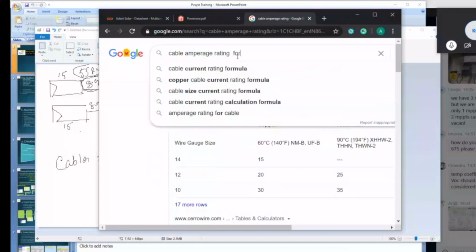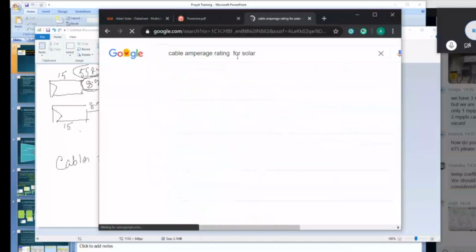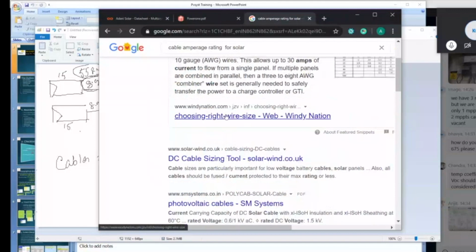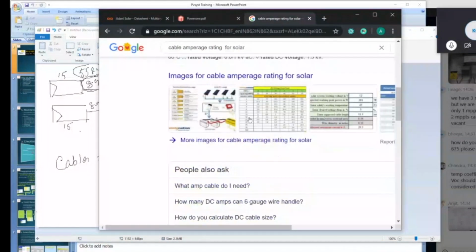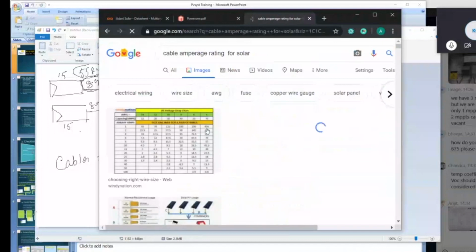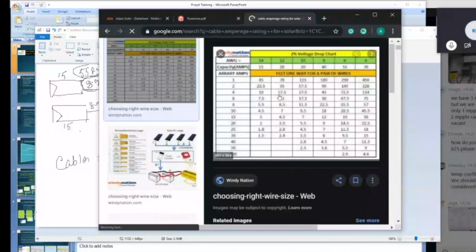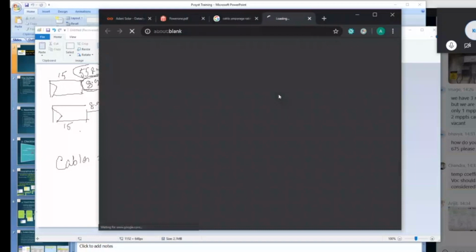Search it for solar, because solar cables have a separate rating. Just hold on, let me open it.